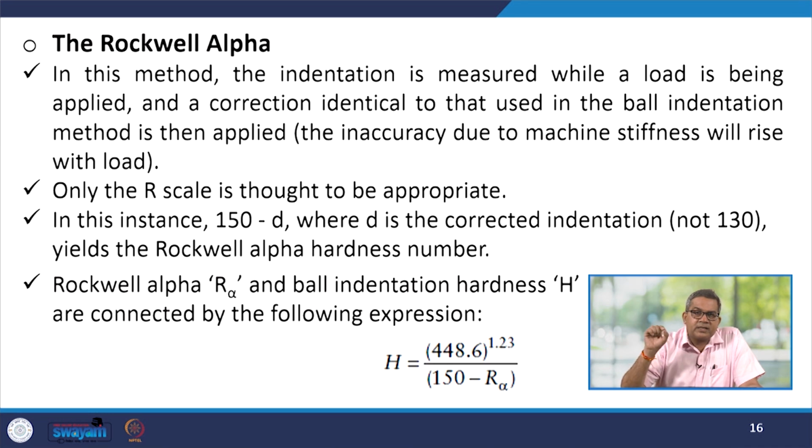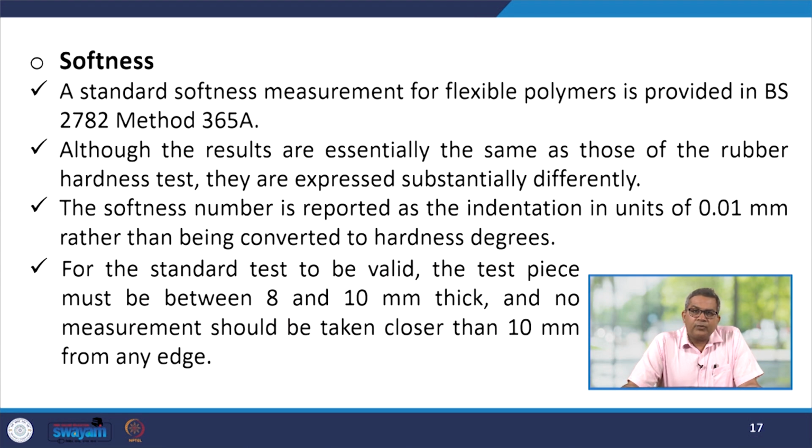So, only the R scale is thought to be appropriate apart from the other 4 scales, and in this instance 150 minus D is the formula, where D is the corrected indentation, which yields the Rockwell alpha hardness number. The Rockwell alpha RA and the ball indentation hardness H are connected by this mathematical representation, that is H is equal to 448.6 to the power 1.23 over 150 minus R alpha.